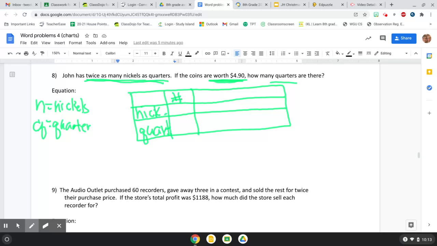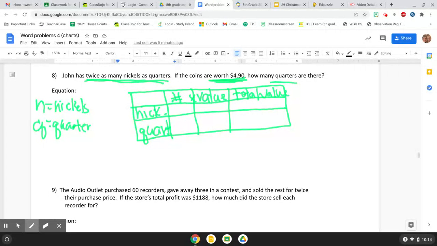Since I don't have a ton of room using this, you can look at the answer key and see how I make it a little more precise, like I actually write number of coins. And then again, the value, so that's the value of the coin. And then lastly, it's going to be the total value, because if I take the number of coins times the value of each coin, that's going to tell me how much the total value is. Okay. Half the battle is just knowing what to put in your chart, okay?